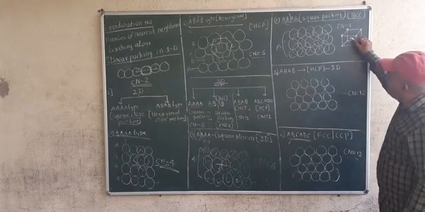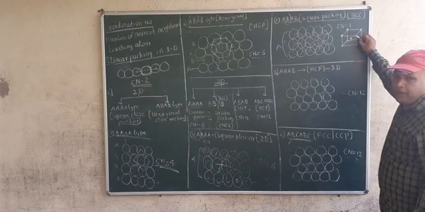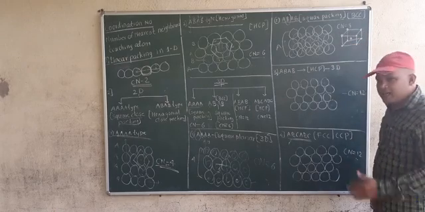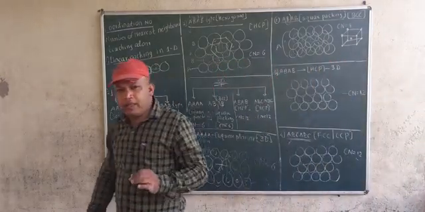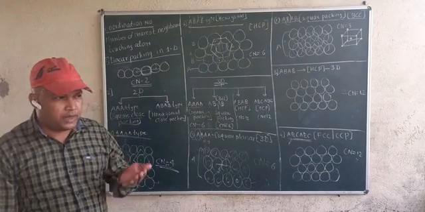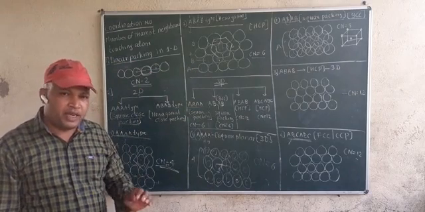So you see this center circle, how many circles are there up? 4. How many circles are there down? 4. And in between the circle is there. So upside 4 circles, downside 4 circles. So the coordination number is 8.